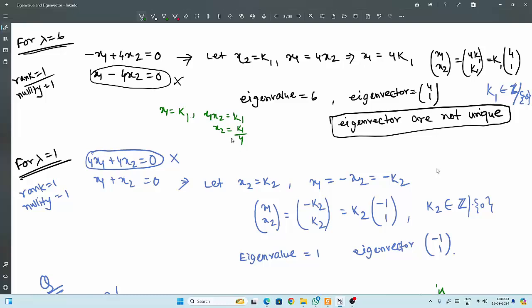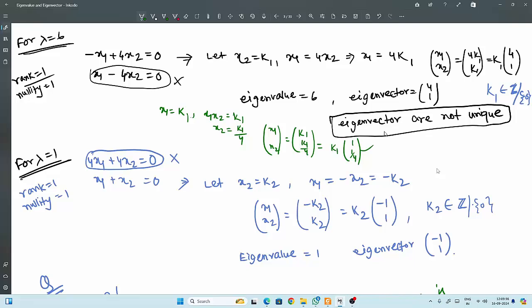In that case, x1, x2 will be k1 and k1 by 4. If you take k1 common here, you will get 1 and 1 by 4. So this 1 by 4 is also one type of eigenvector. It is also correct.